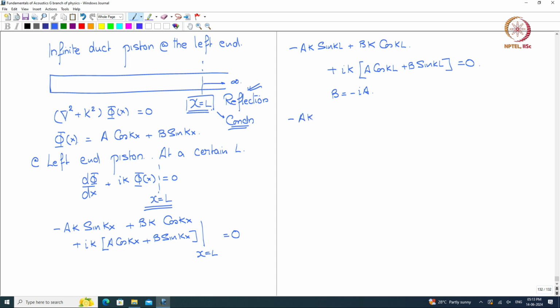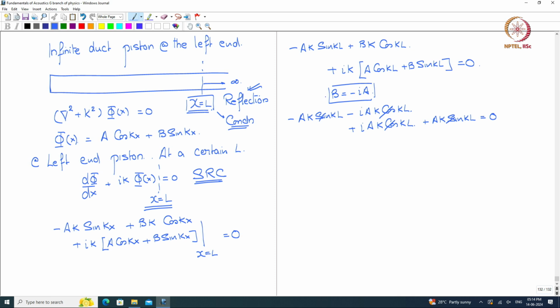Minus ak sin kl minus I a k cos kl plus I a k cos kl plus a k sin kl, that is equal to 0. Okay. So this relationship between the two constants enforces this Sommerfeld radiation condition in the 1D case.